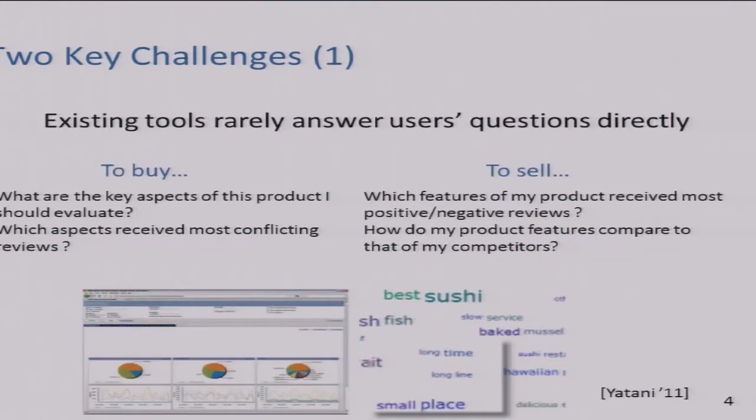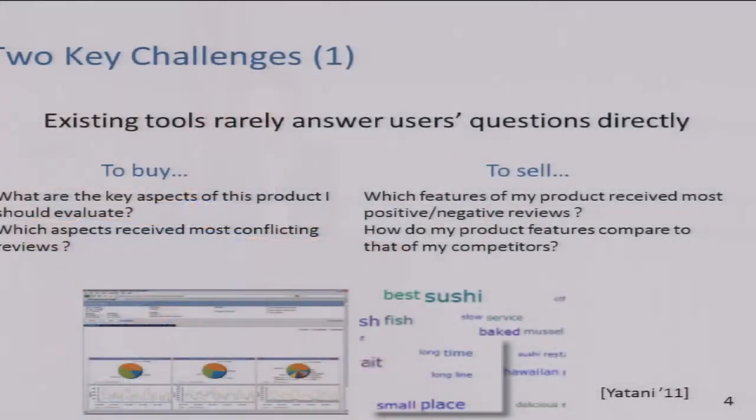The second problem is that existing tools rarely help users answer their questions directly so they can make decisions effectively. From the consumer side, in order to buy something, they might want to know what key aspects of this product they should learn about or pay attention to, or which aspects receive the most conflicting or controversial reviews, so they can learn more about it.